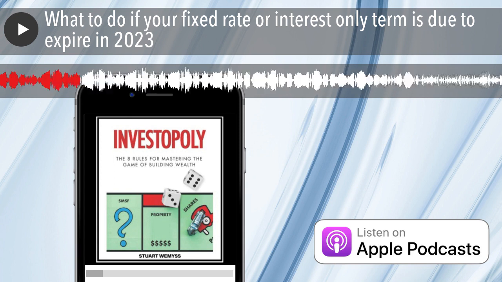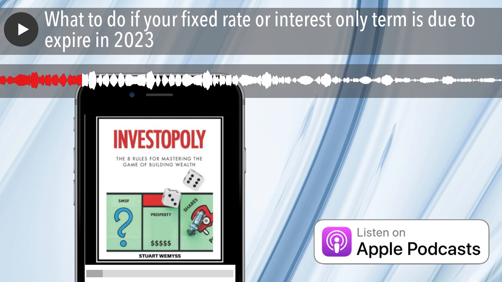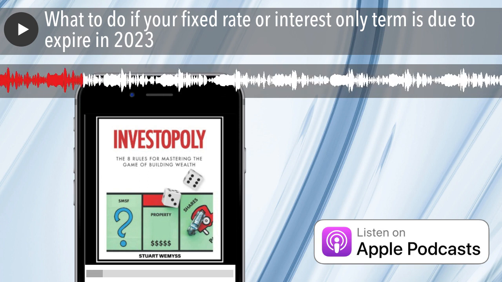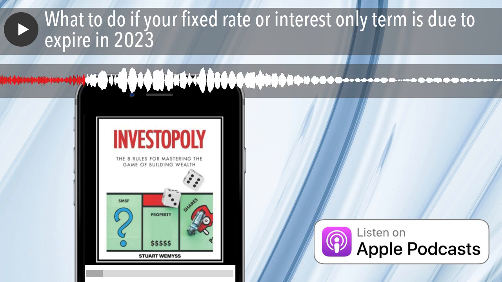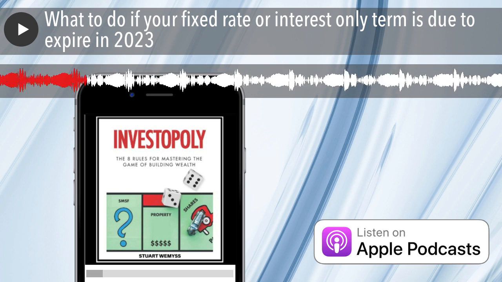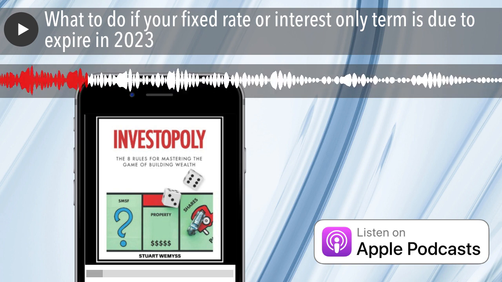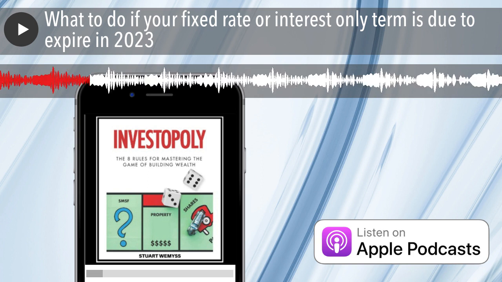Because obviously what the bank can borrow at, they then add their margin on top of that, and that's what's going to drive the fixed rates that are available on the day. Well, when you look at forward interest rates, they are slightly lower than what variable rates currently are today, but not material. So it's not surprising then that fixed rates just aren't attractive.